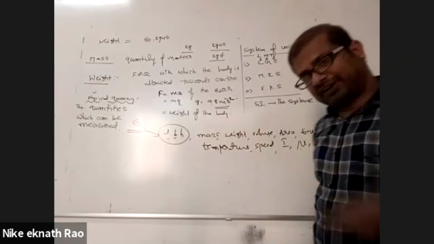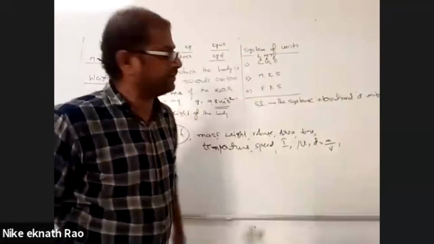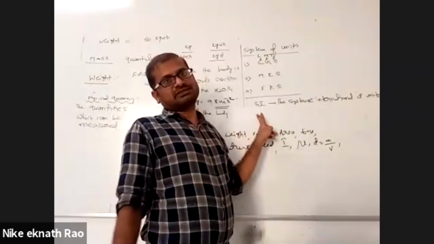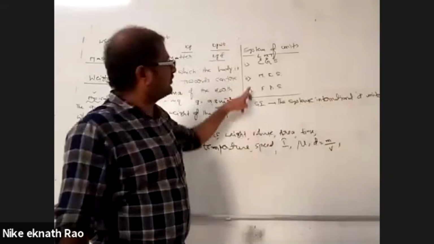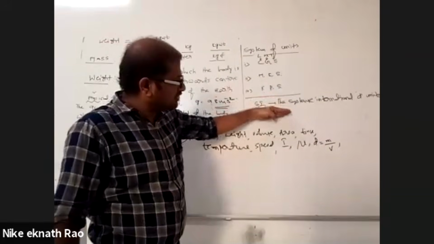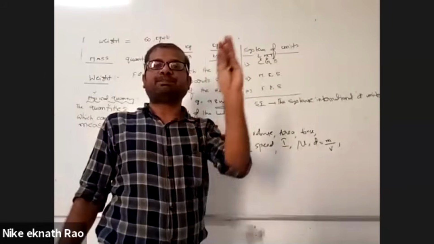Nowadays, the whole scientific community has accepted a standard system that we call the SI system, that is, System International of Units. This is the extension of MKS. In this system, we standardly define 7 quantities as base quantities.